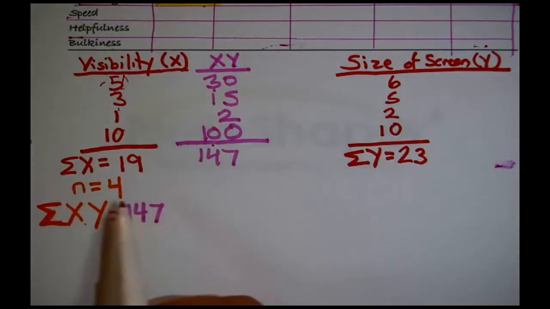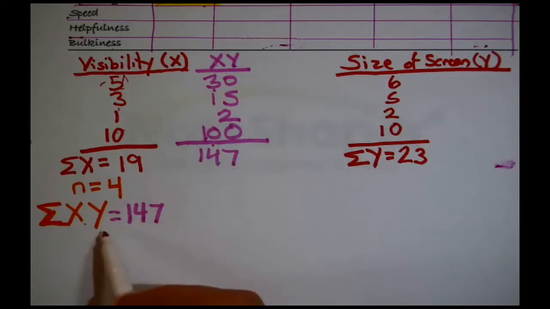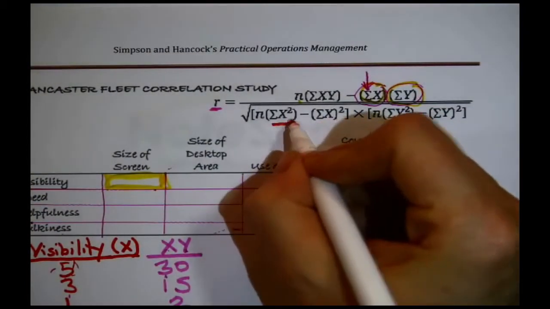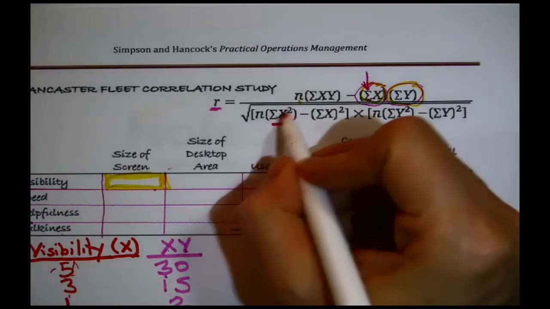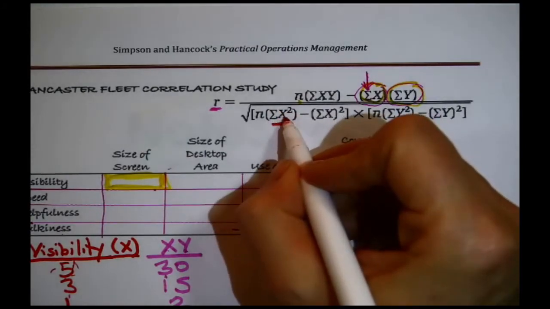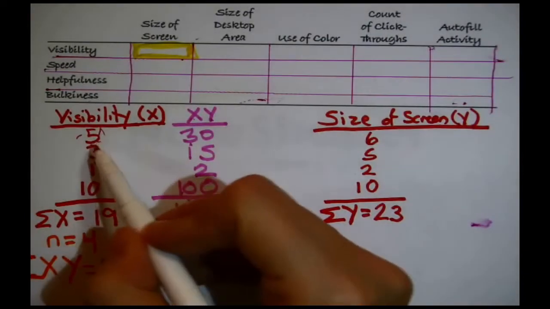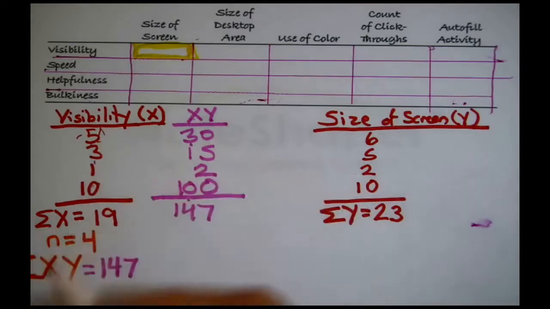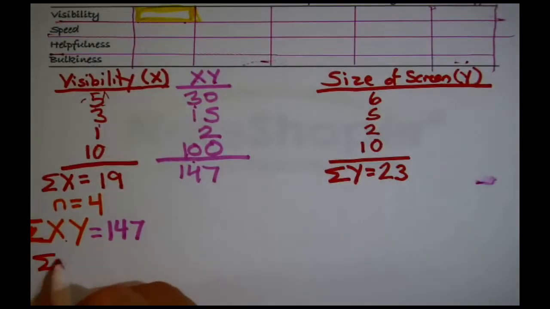Now we pretty much have everything that we need for the numerator of that big formula. We lack some things for the denominator. For instance, I noticed that right in here, it's the sum of x squared. What this is indicating is that you take each x, like the 5, the 3, the 1, and the 2, take each one, square it, then add them up. Okay, I need that, whatever that is, sum of x squared.